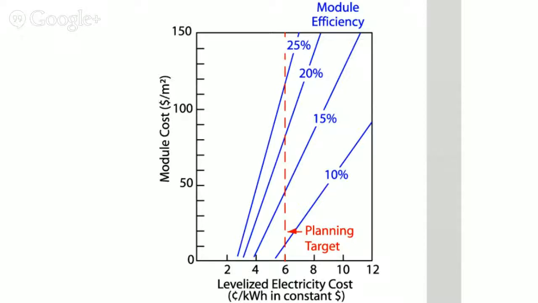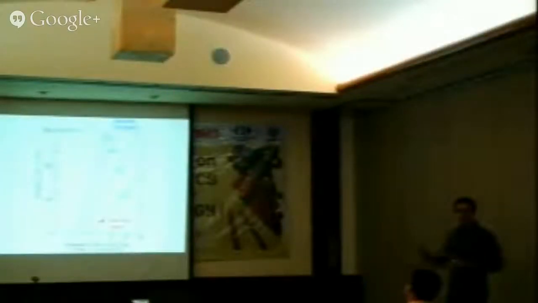Now you can see different curves at different efficiencies. As the efficiency increases, the slope of the curve increases. Makes sense, because that means a large change in module cost will result in a small change in power cost, which is good for the person making the panel. That means the person making the panel can charge more, get a higher profit, without causing customers too much pain on the energy side.